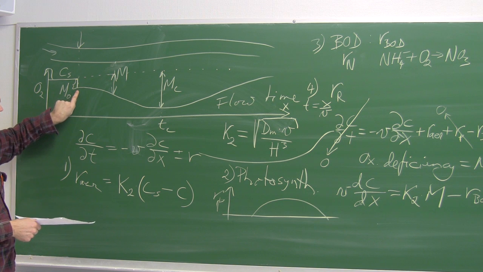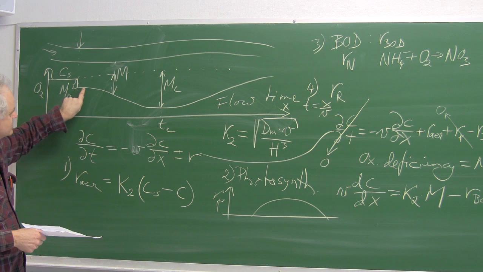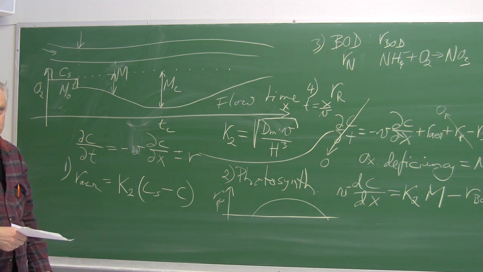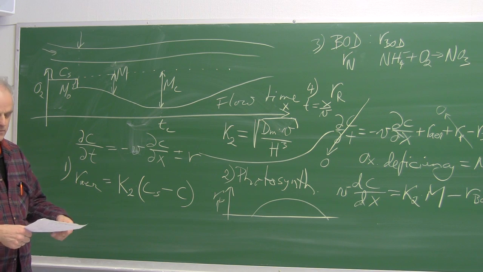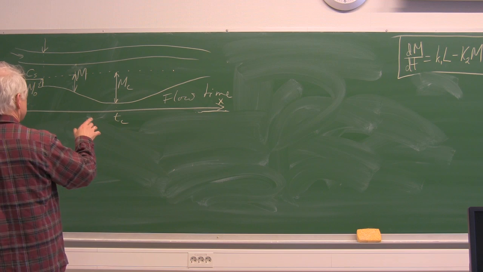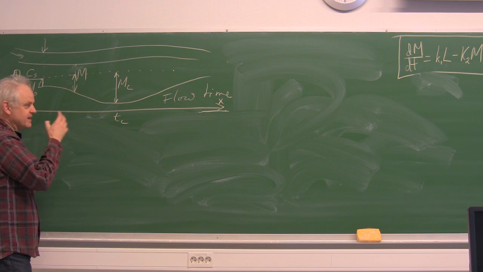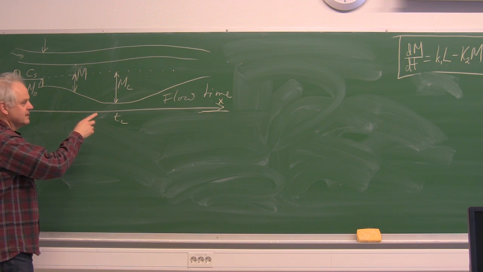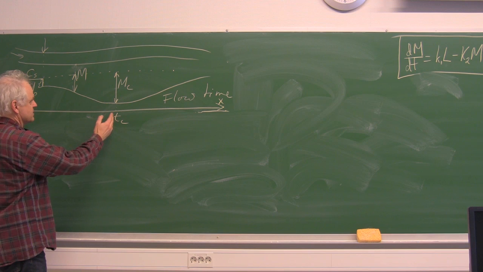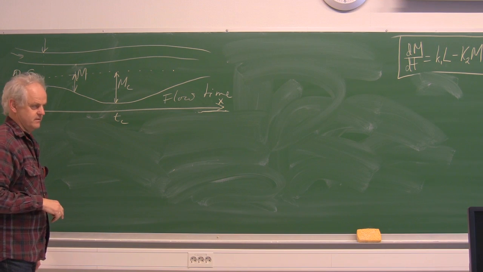So M0 is the start value, initial condition, and then we can simulate this by the equation for M. So we have now defined the critical situation. Then we want to find out how we calculate this critical situation. Where does it occur? And what is the concentration of oxygen there?